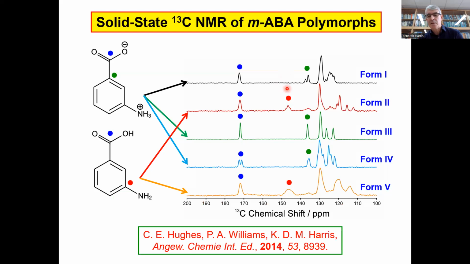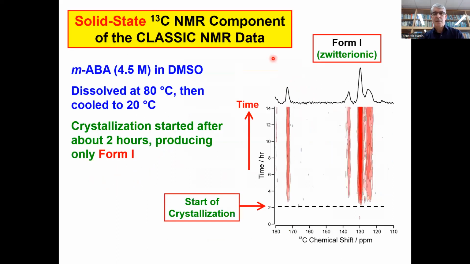We can very clearly identify from the solid state carbon NMR spectra which ones are zwitterionic, so they contain a peak here corresponding to this green dot, whereas the non-zwitterionic polymorphs contain a peak in this region shown by the red dot. Okay, now let's look at the results from our classic NMR experiment.